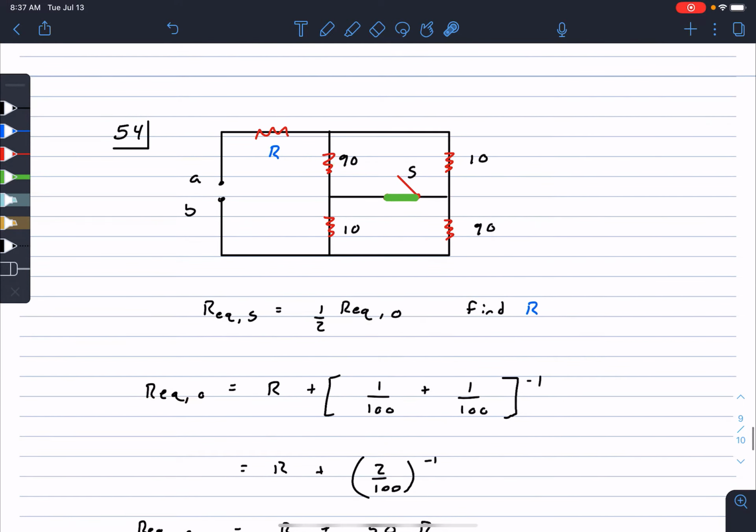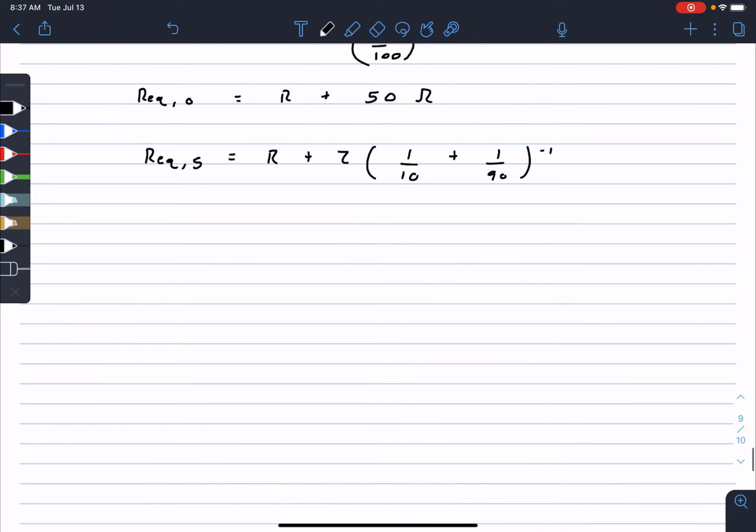What we're doing is taking 90 and 10 in parallel, 1 over 90 plus 1 over 10, and then we're going to have a factor of 2 of those. That gives us a value of R plus 2 times 9, so that's R plus 18 ohms.